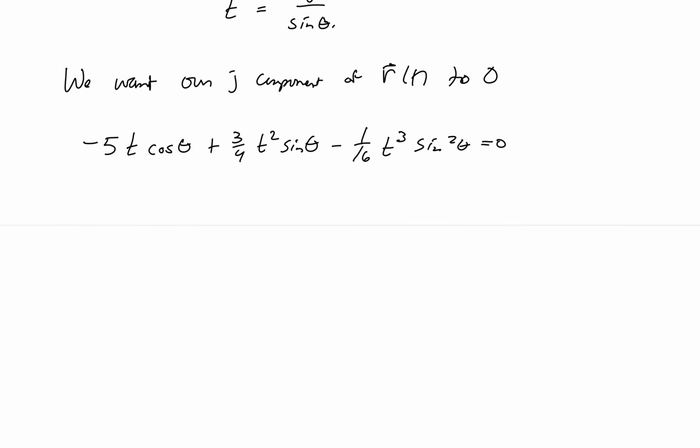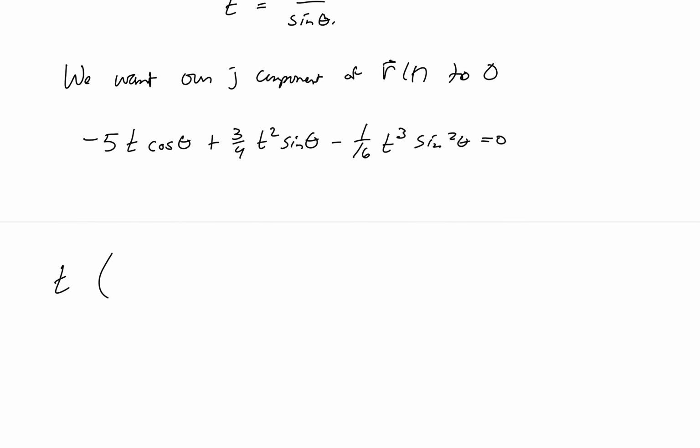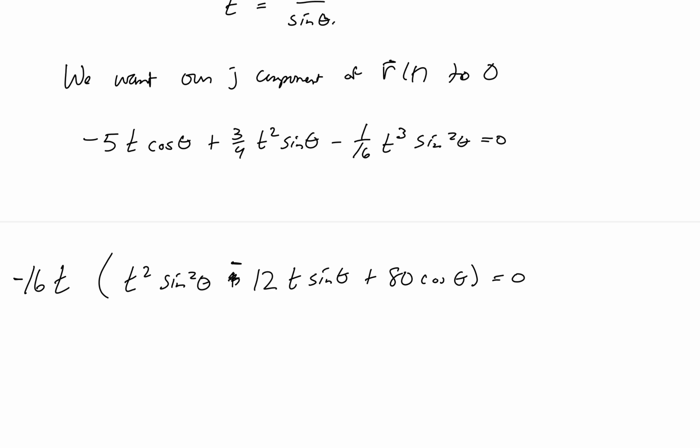We can factor a t out of that, so let's factor out a negative 16t. I will have t squared sine squared theta, and then plus 12t sine theta, and then plus 5 times 16, so 80 cosine of theta equals 0.